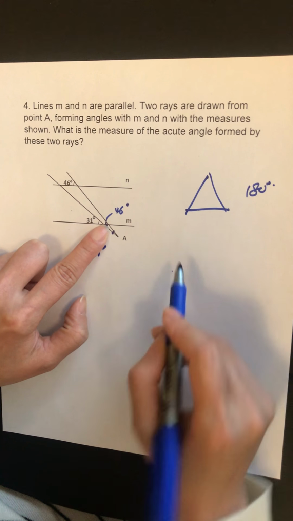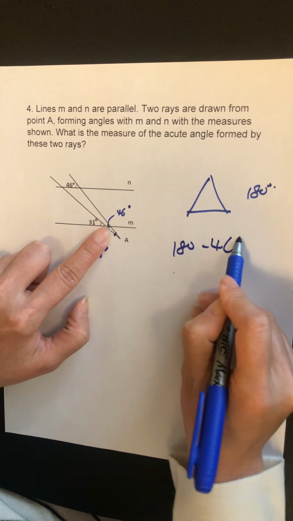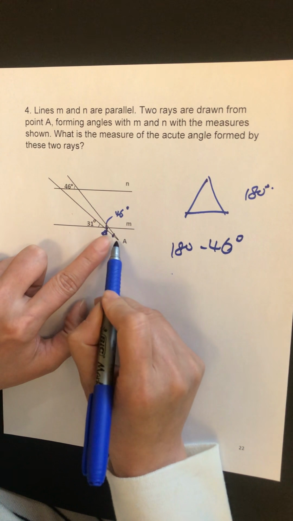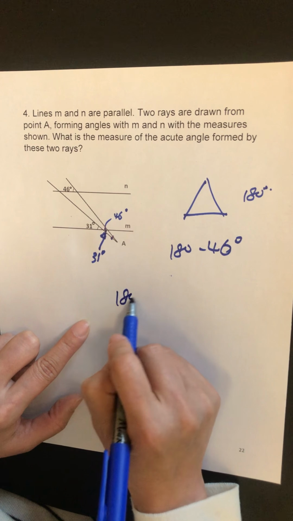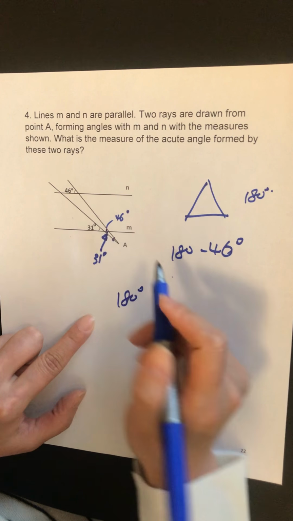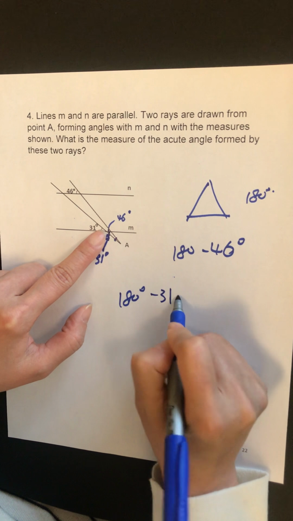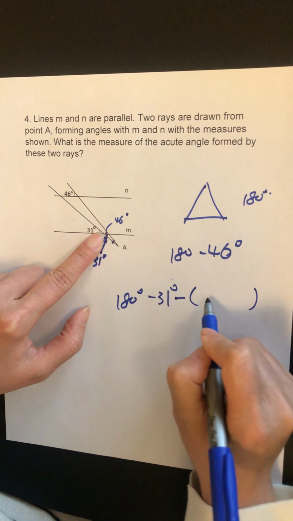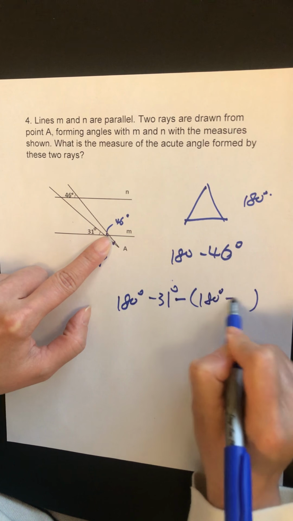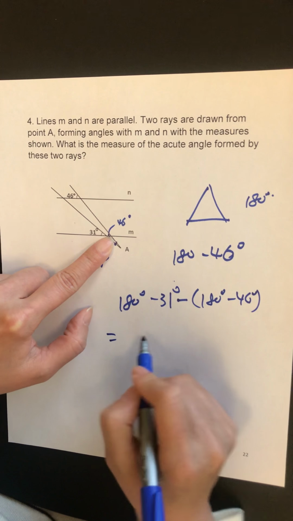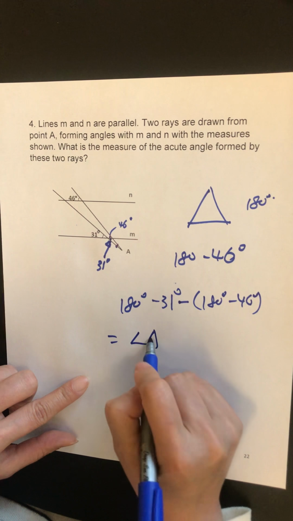So you know this big angle is 180 minus 46. So you know two angles. The angle A would be 180 total for the whole triangle, minus one angle, minus the other big angle, which is 180 minus 46. This would be your angle A.